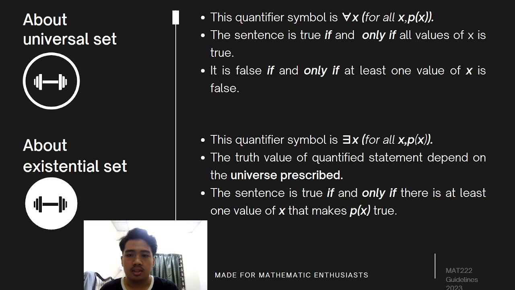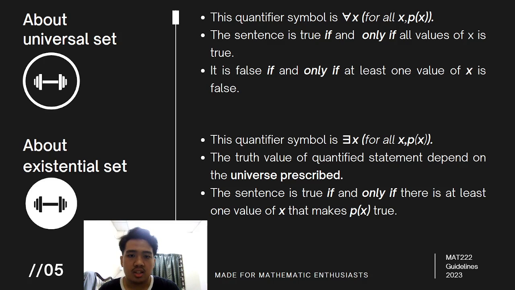For the next part, we detail the universal set and the existential set. The universal quantifier has a symbol of its own, as you can see in the slide, like an upside-down A. So that is the symbol for this quantifier.